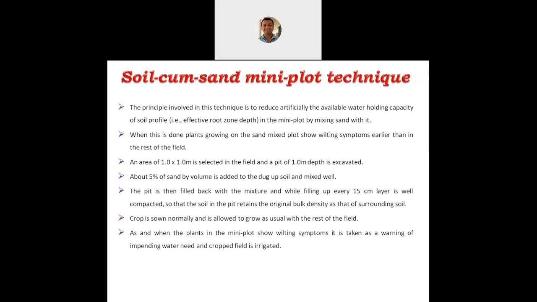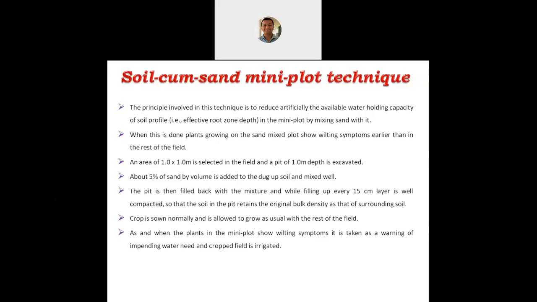1 meter depth of that specified area is taken out and it is mixed with sand at a ratio of 5% by volume. So what happens is that since sand is a coarse textured soil particle, whenever we mix sand with that soil, it changes the porosity of the soil.